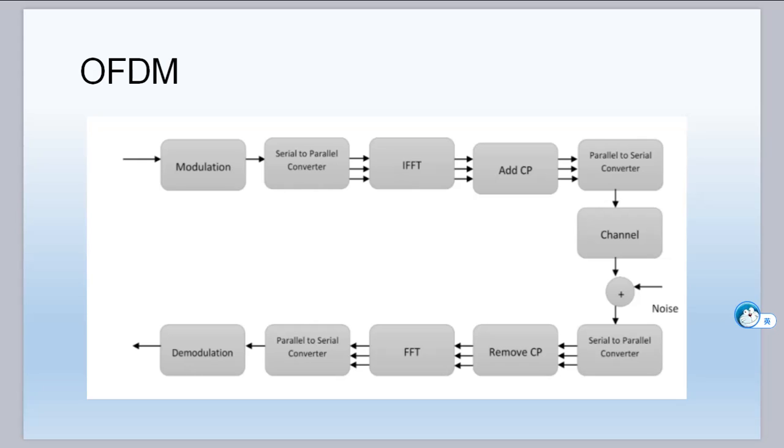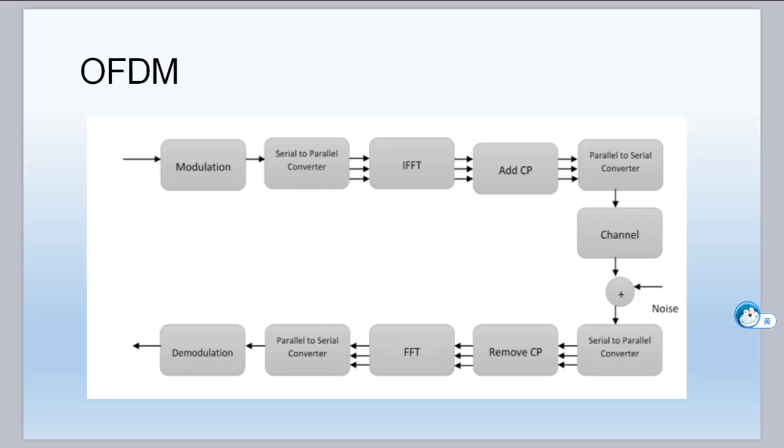So this is a way to improve the spectral efficiency. And also we use IFFT to reduce our calculation time. And the fourth thing is to add CP. CP is the cyclic prefix.